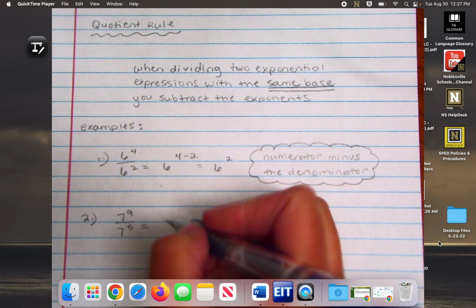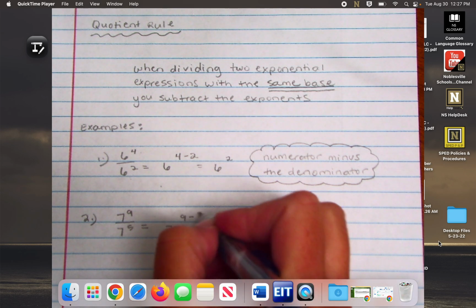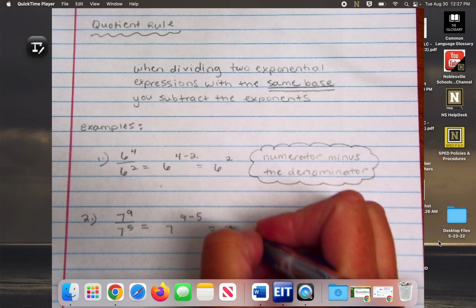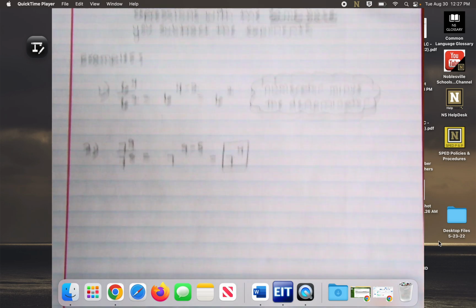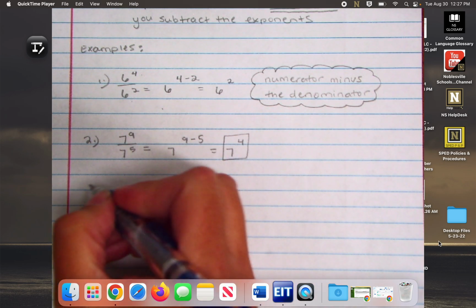Silas. 9 minus 5. So my answer is going to be 7 to the 4th power. This next example is when these integer rules are going to really start being used from last year.